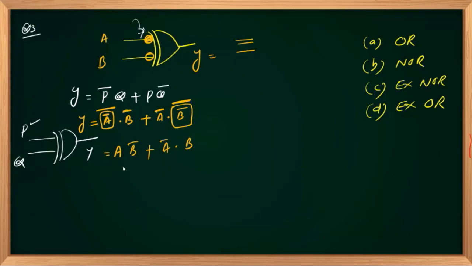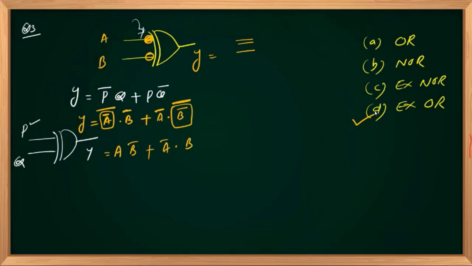So if your XOR gate has both inputs bubbled, or if you are placing two inverters at A and B, then the gate will be the same gate, no change, right?